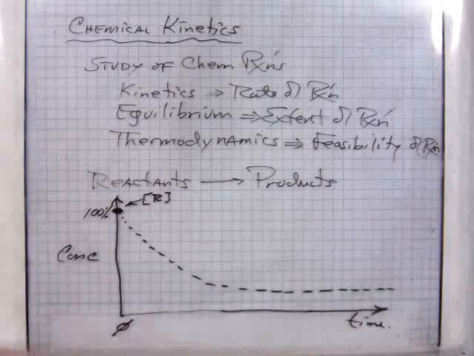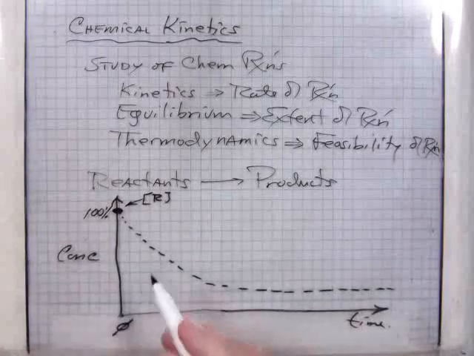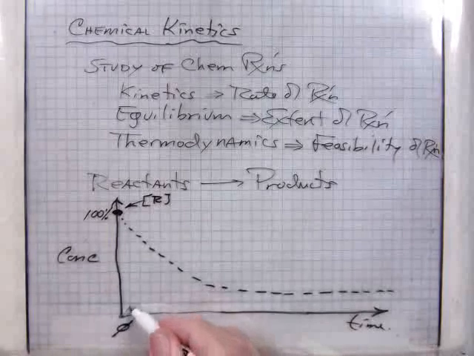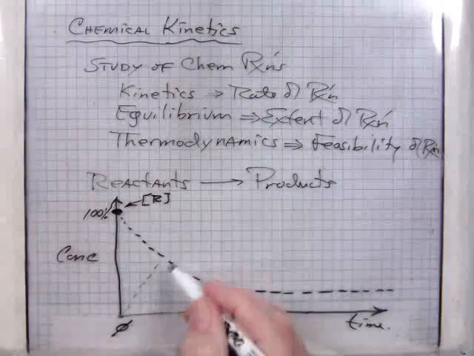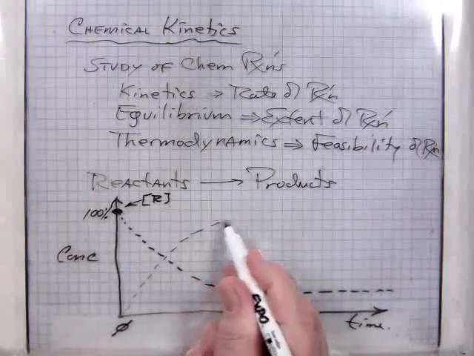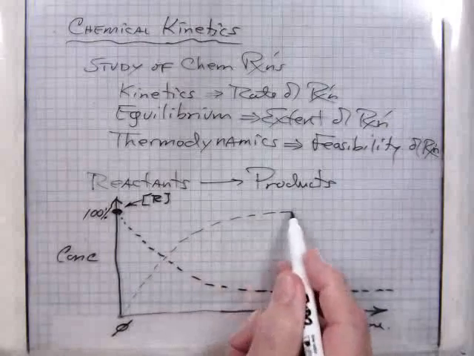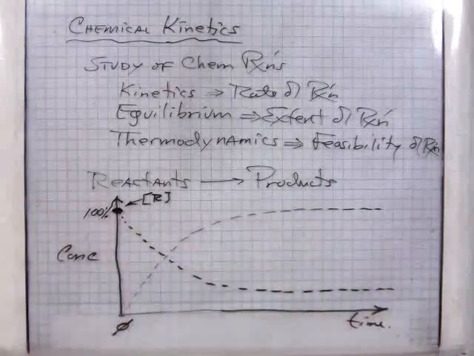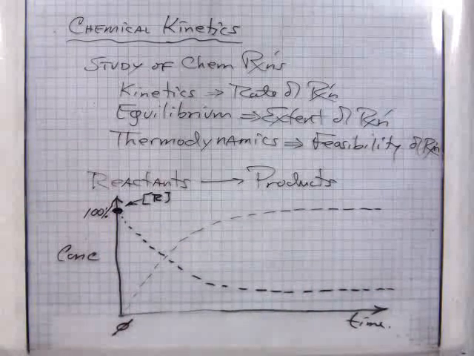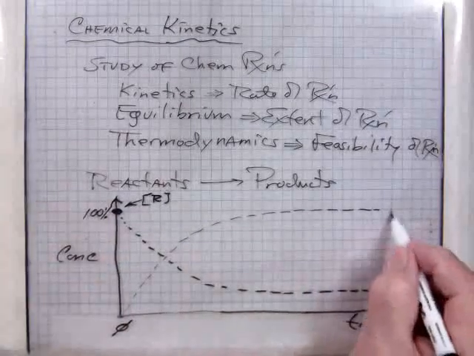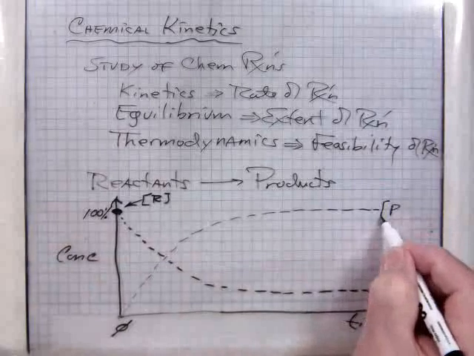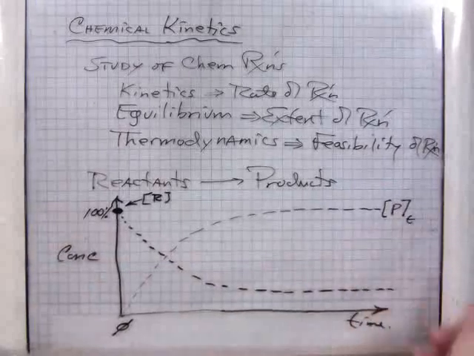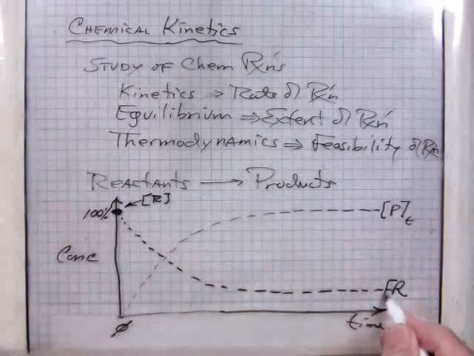At the same time, since we started at 0 with the products, you will see the product concentrations increasing in the same fashion until you have a 0 slope in the reaction trend. And so this would be your product concentration at time t, and this would be your reactant concentration at time t.